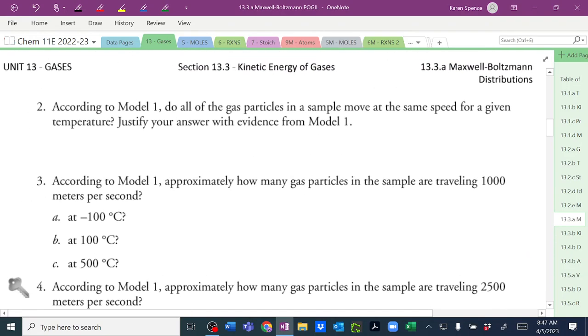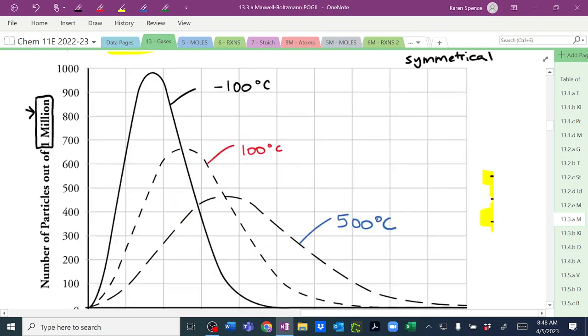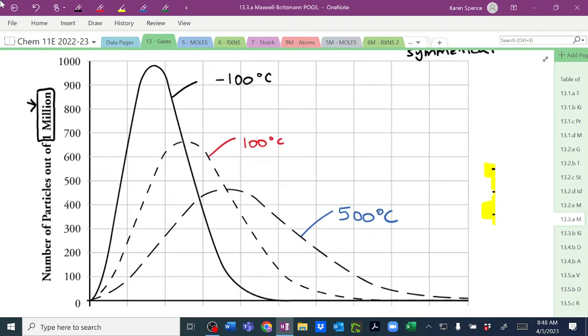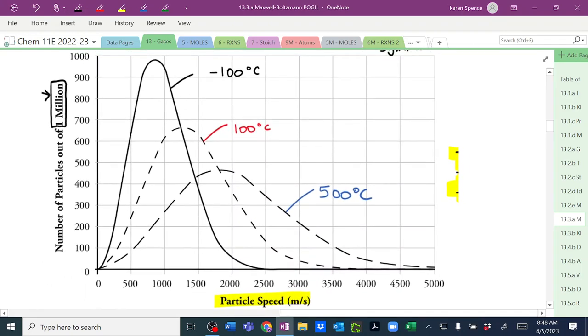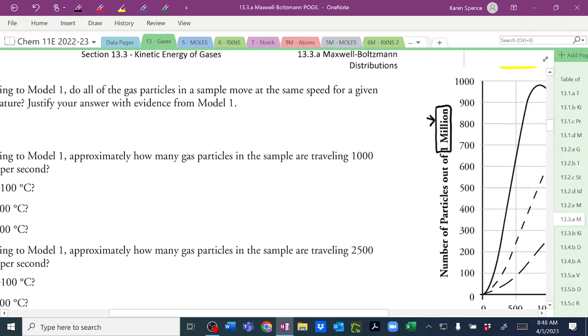According to Model 1, so this is our next page, do all of the gas particles move at the same speed for a given temperature? So let's just look at the 100 degrees. Are all of the particles moving at the same speed? No, because otherwise we would just have a line showing all 1 million particles going at a single speed, but we would have to go up 1,000 times bigger than that. So no, we have particles doing different speeds all over the place.